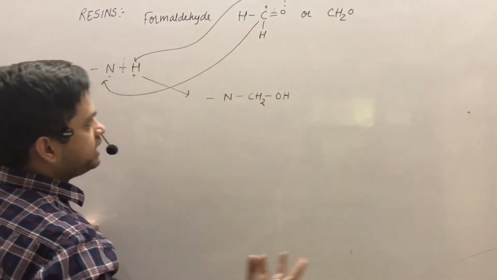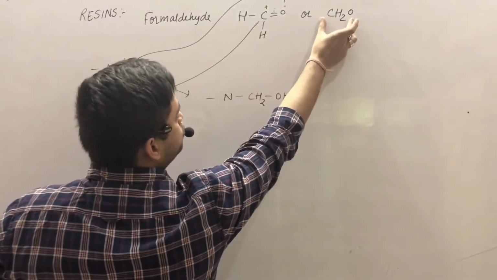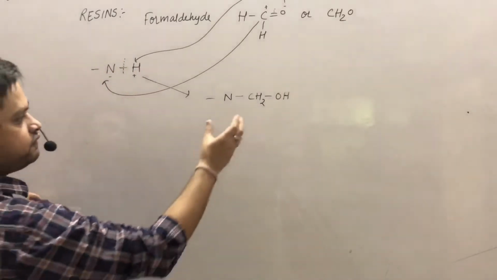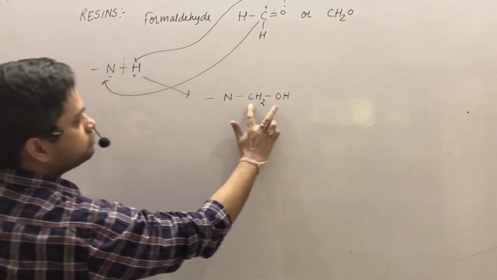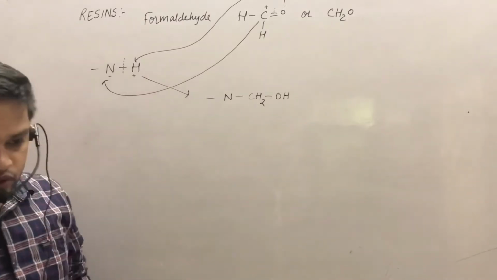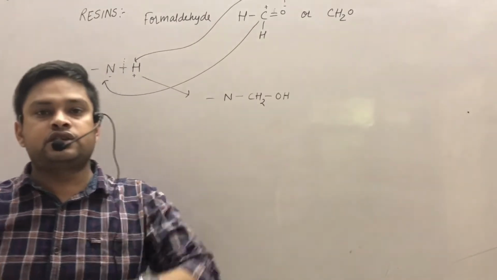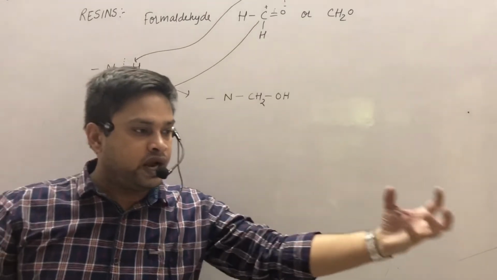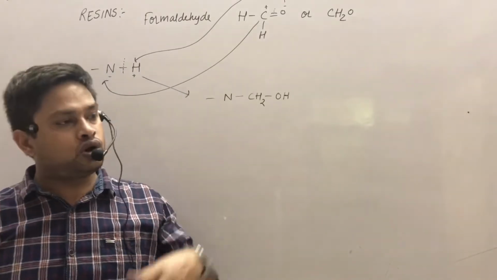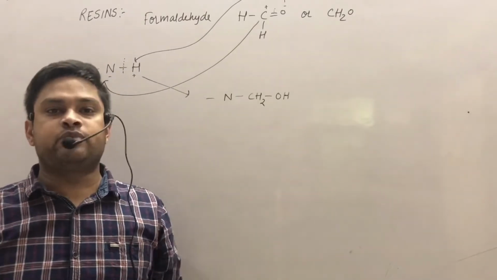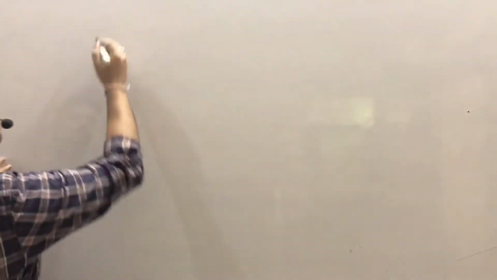Basically, it seems like this formaldehyde CH2O adjusts itself between nitrogen and hydrogen. So this is the property of this formaldehyde. It adjusts itself between hydrogen and one of the heteroatoms or carbon, whichever is taking part in the reaction. We'll discuss four resins here.